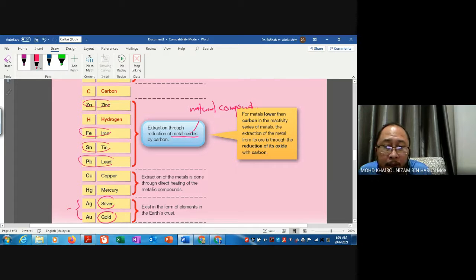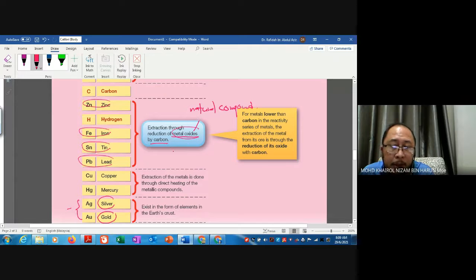Okay, so this metal oxide, we will react with carbon. So when reacting with carbon, as we know, carbon is more reactive than zinc, iron, tin, and lead. So carbon can separate the metal below carbon from their oxide.